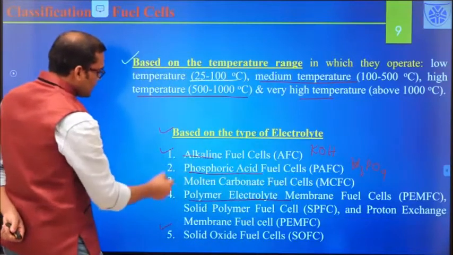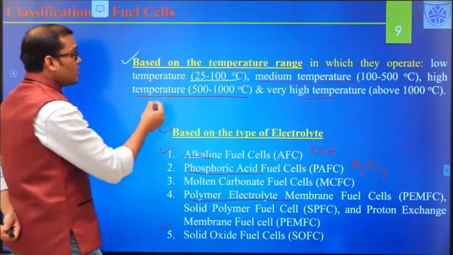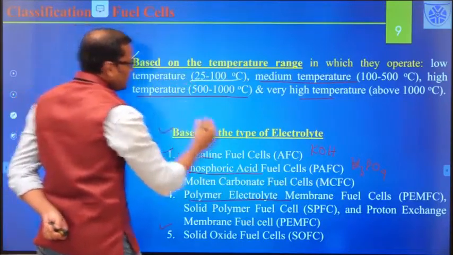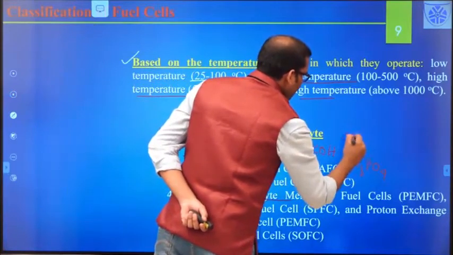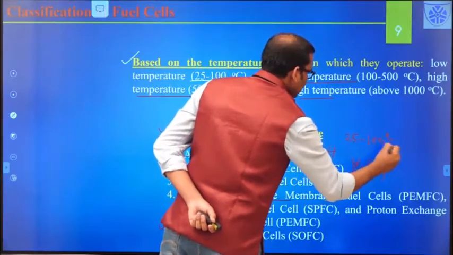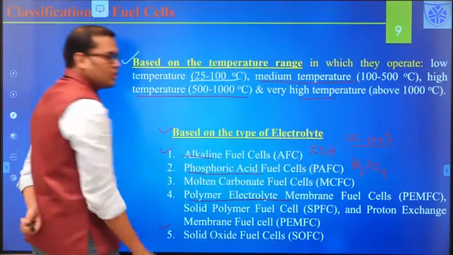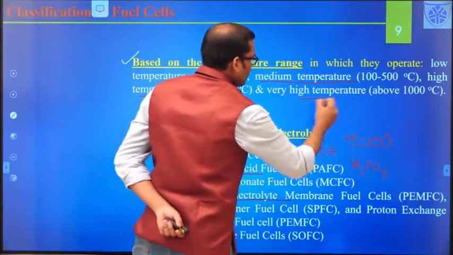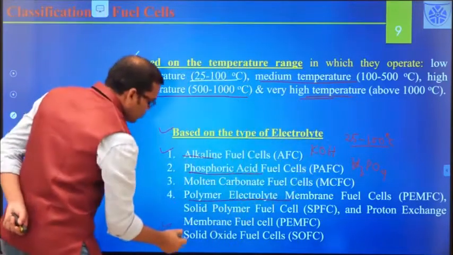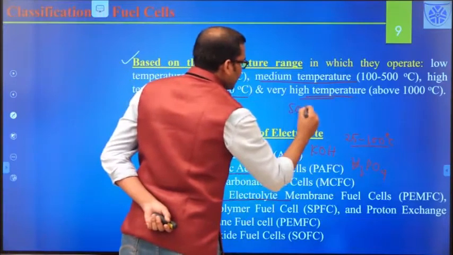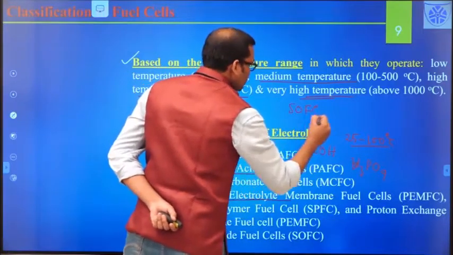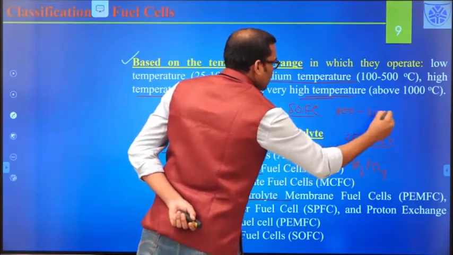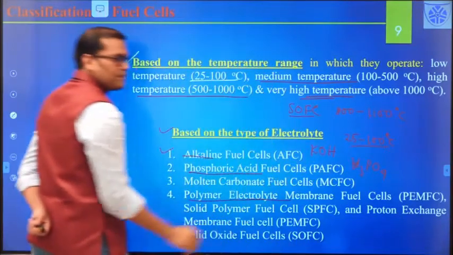Now can I correlate these types of fuel cell with the temperature range? Alkaline fuel cells work between 25 to 100 degrees Celsius. Now what about the high temperature range? Solid oxide fuel cells, we can call it SOFC, work between 800 to 1100 degrees C, right?